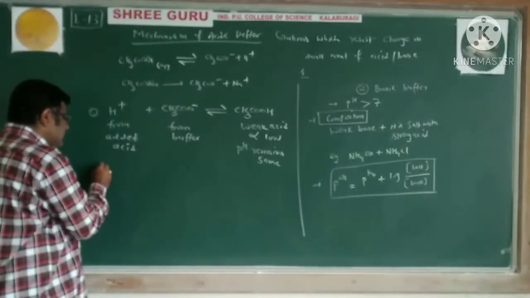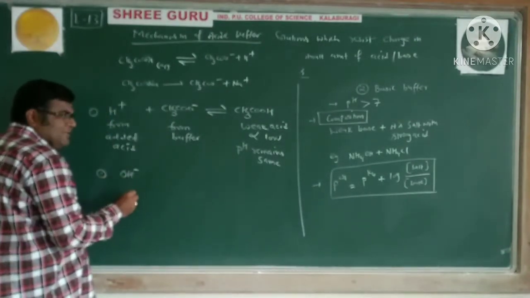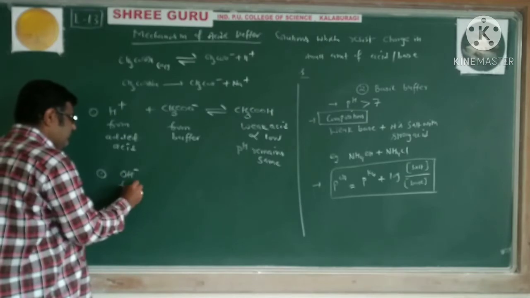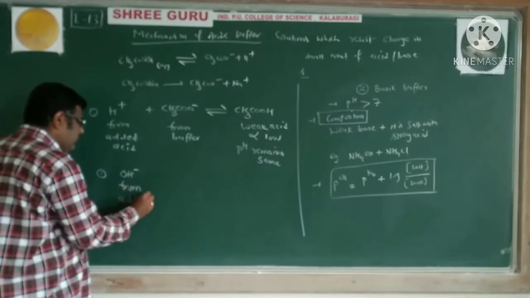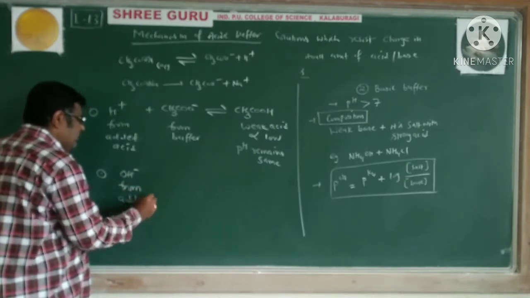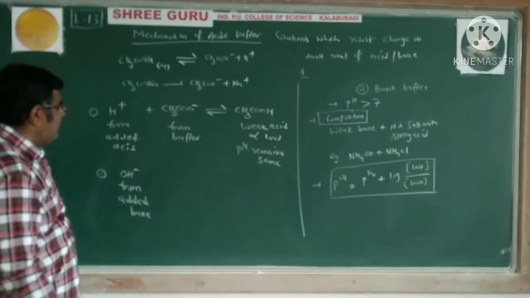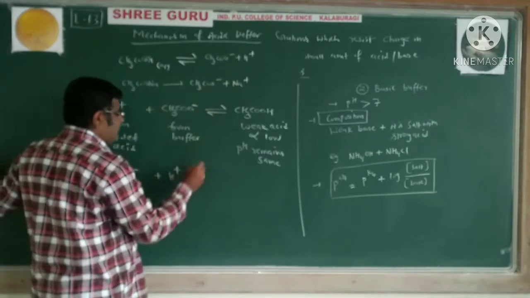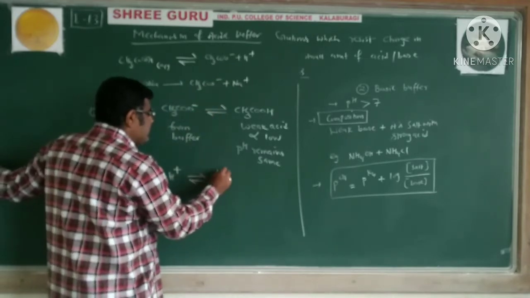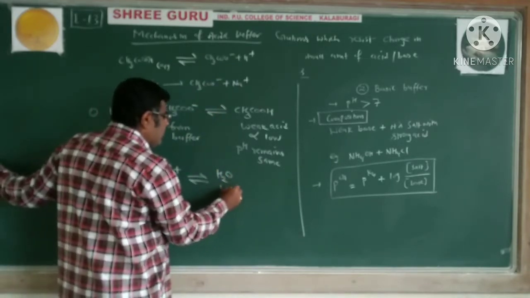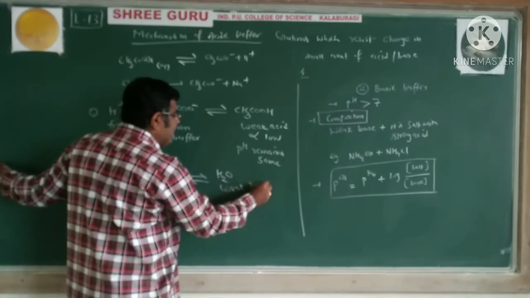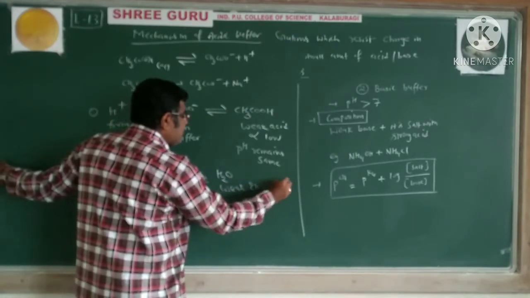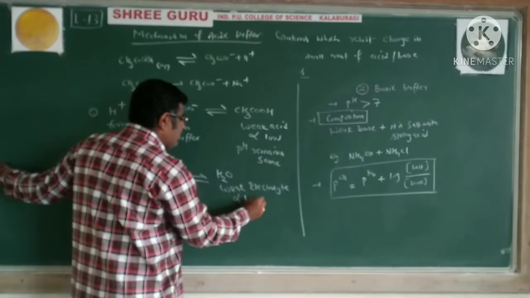If base is added, it will release OH negative ion externally. If we add base, it combines with H plus ion and forms H2O, which we know is a very weak electrolyte, and that's why alpha is low.